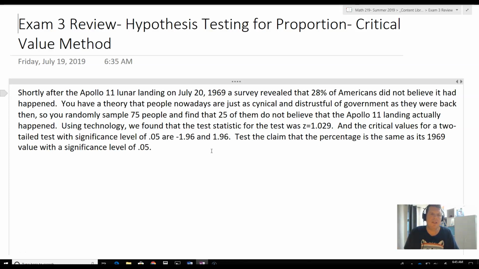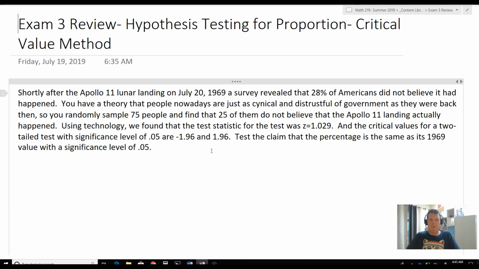Okay. So shortly after the Apollo 11 lunar landing on July 20th, 1969, a survey revealed that 28% of Americans do not believe it had happened. You have a theory that people nowadays are just as cynical and distrustful of government as they were back then. So you randomly sample 75 people and find that 25 of them do not believe that an Apollo 11 landing actually happened.